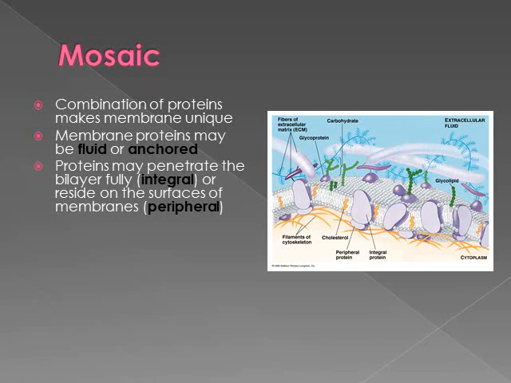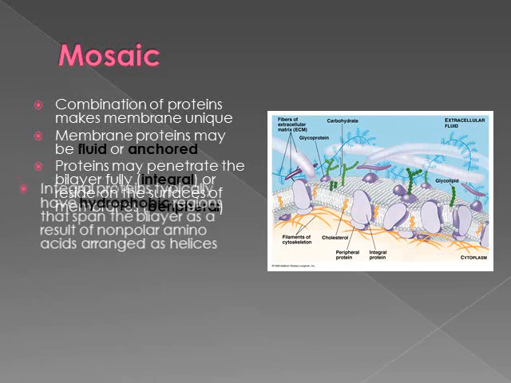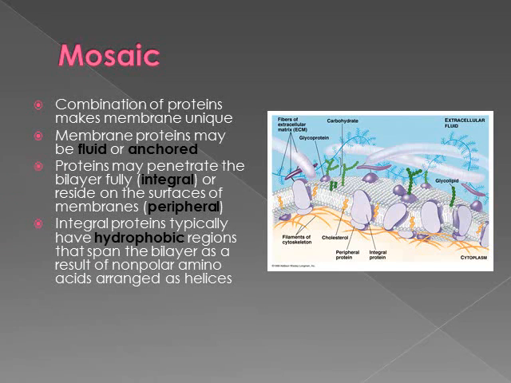Right here, in fact. So proteins that penetrate the bilayer are called integral, and ones that are only on one surface or the other are called peripheral. So they're hanging on to the outside of the membrane. And each of these proteins is going to have a side chain structure so that they sit in the right position in the membrane.